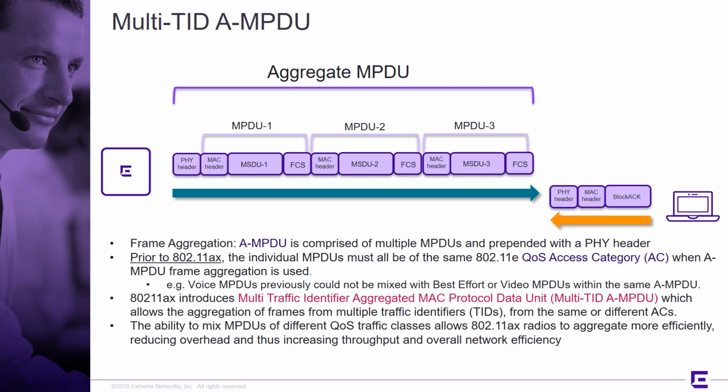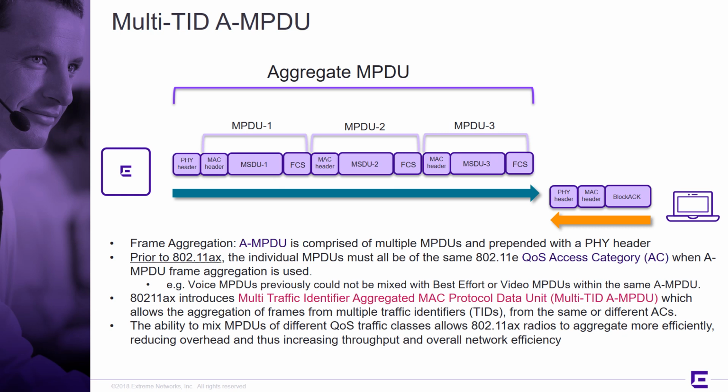Another feature that adds efficiency in 11AX is the Multi-TID A-MPDU scenario. In previous PHYs, 11AC and previous, all the way back to 11N, we certainly had the ability to send aggregate MPDUs, or MAC protocol data units, where we are aggregating entire frames into one PPDU. One of the limitations that we've had is that each of the MPDUs had to have the same QoS level or same access category.